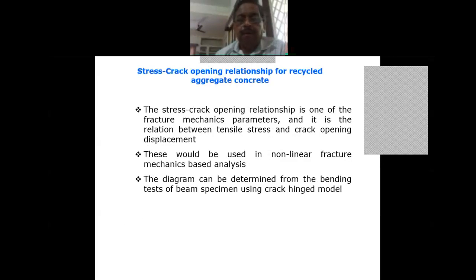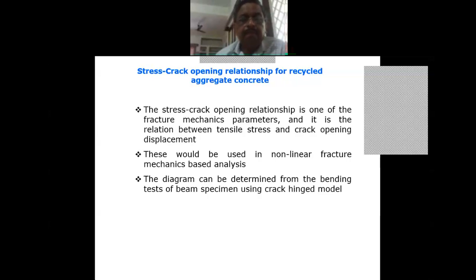Now one more study, with the same data, the load deformation plot I have shown. From that itself, we can evaluate the stress crack opening relationship, and that will explain a little more clearly why there is a reduction in the fracture energy and other things. We can evaluate the stress crack opening relationship from the fracture mechanics parameters and that load deformation plot.